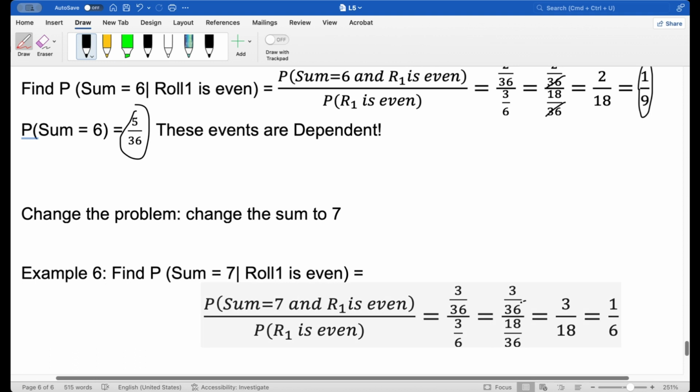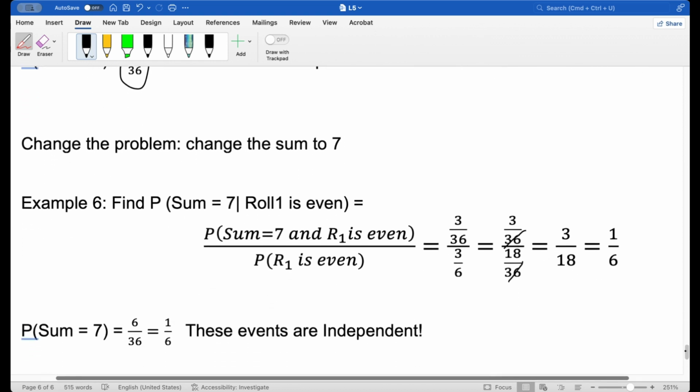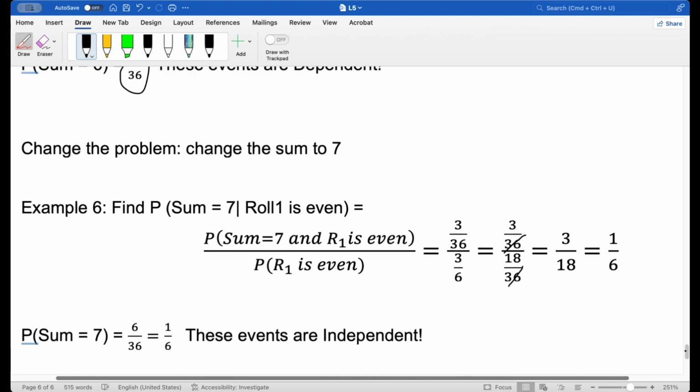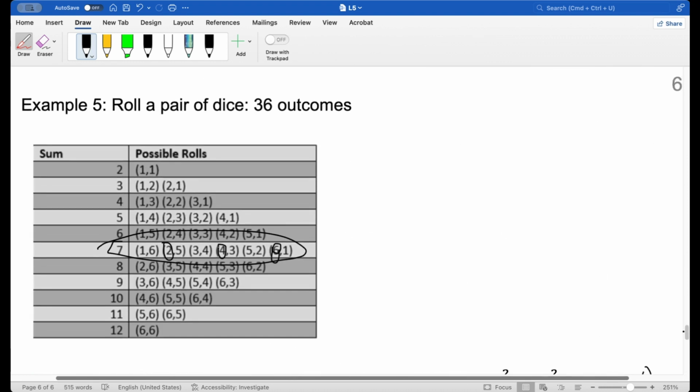The 36's cancel out, and we're left with 3 out of 18, which is 1/6, the same as the probability that the sum is 7, which is 6 out of 36, reducing to 1/6. So knowing that the first roll is even did not have an impact on the probability of the sum being 7. It stayed the same. They're independent.